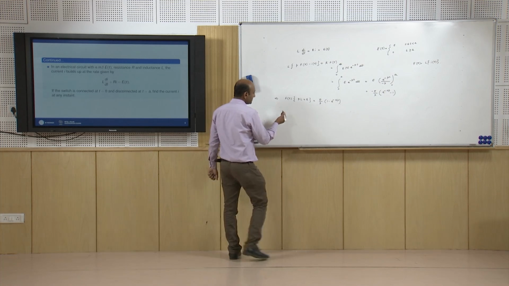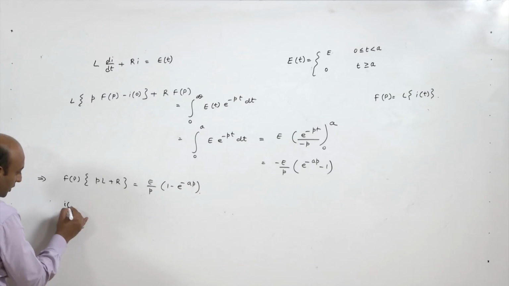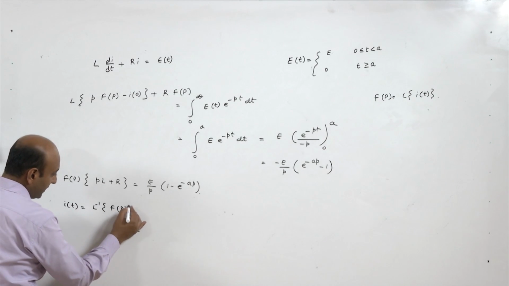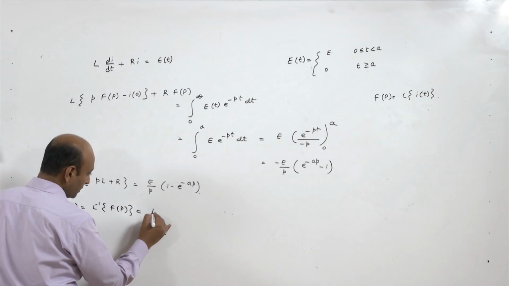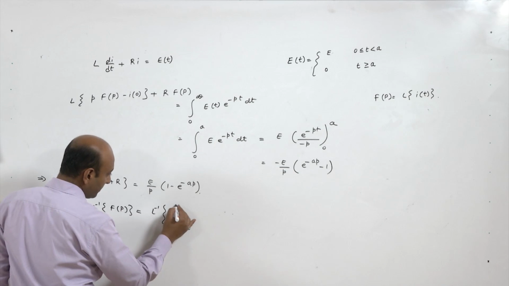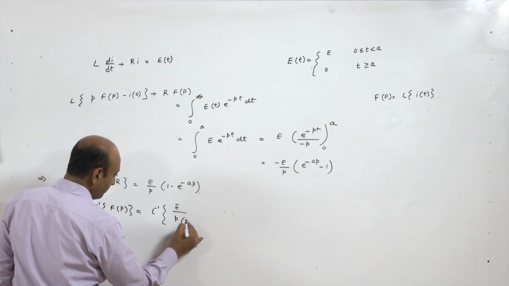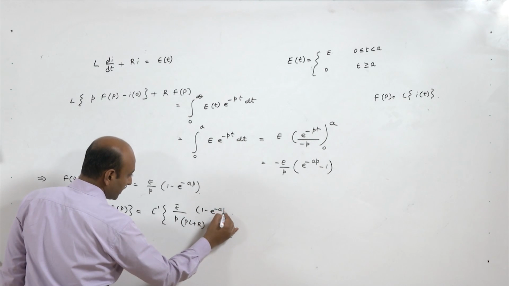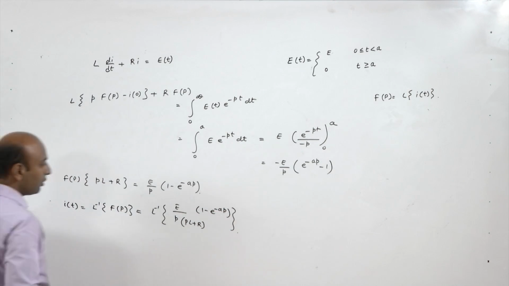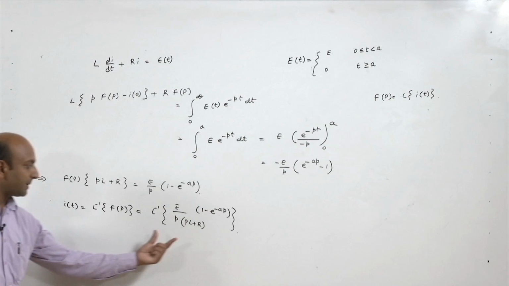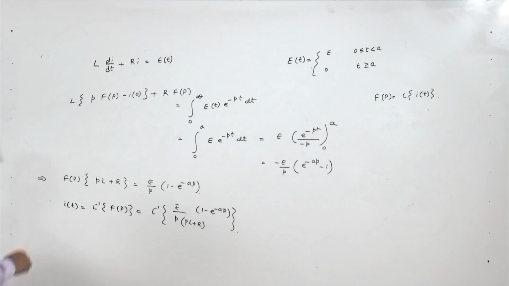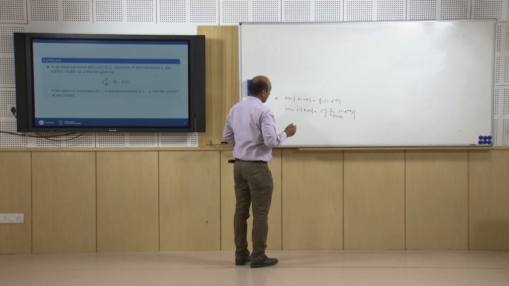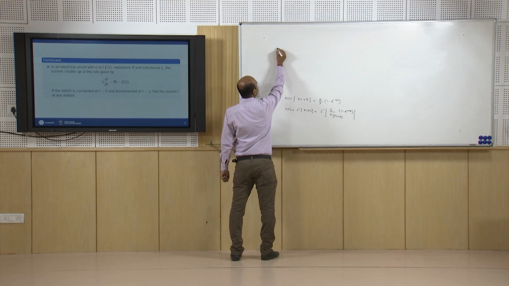Now, the only thing is to find It, which is the Laplace inverse of Fp, and Fp from here is the Laplace inverse of E by P into PL plus R times 1 minus e power minus AP. So, now we have to find the Laplace inverse of this expression. This is the only problem left now. How to find the Laplace inverse of this? Again, what is Fp?